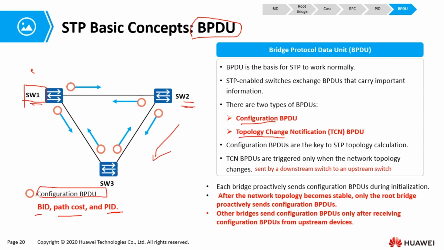The TCN, topology change notification BPDU, is sent by a downstream switch, here switch 3, to the upstream to notify that there is a topology change. For example, if it detects on a blocked port that it did not receive the configuration BPDU from the upstream, it knows something has happened, so it triggers the TCN BPDU up to the upstream.